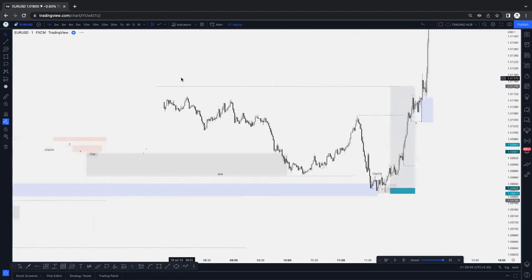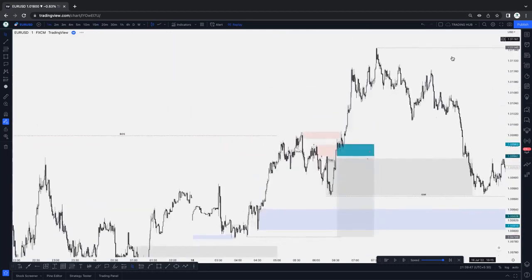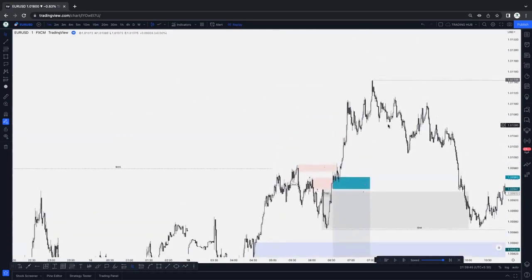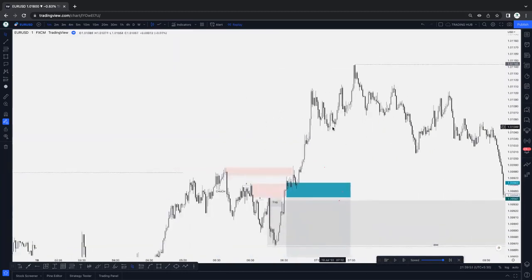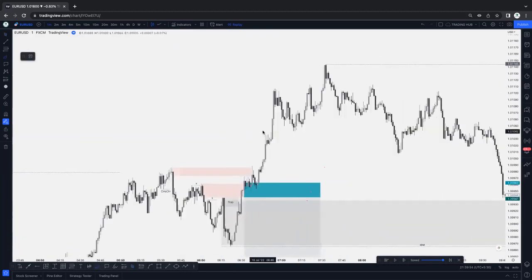Look at this point here. The break of structure is here, and now you can see at this point, break of structure, and then what happened? Finally, market breaks the structure here. After the break of structure, market took out this high like this, correct?